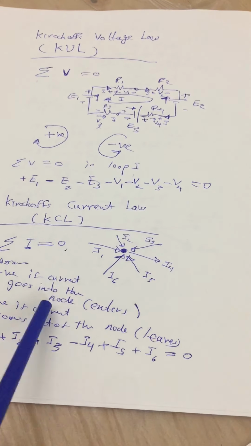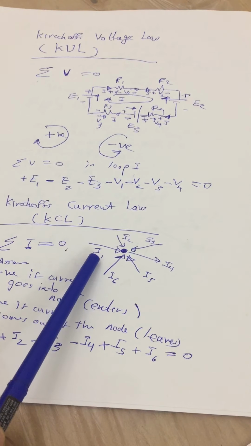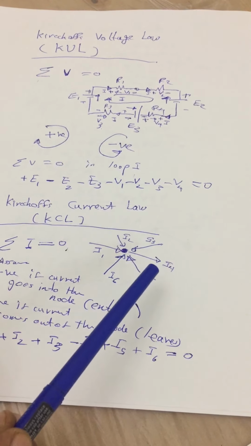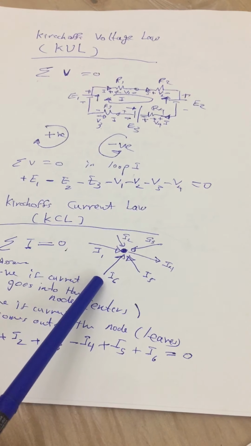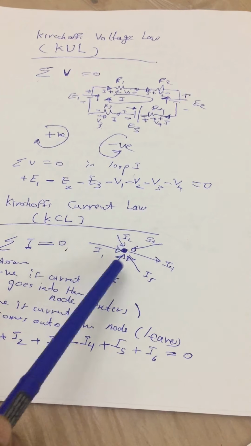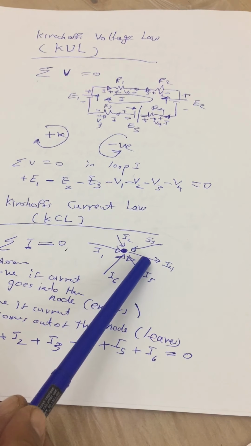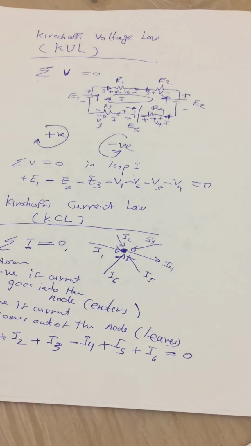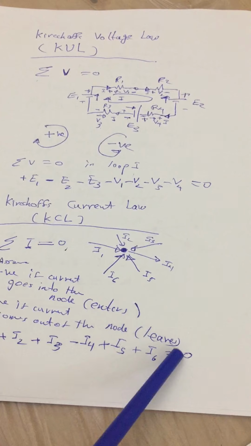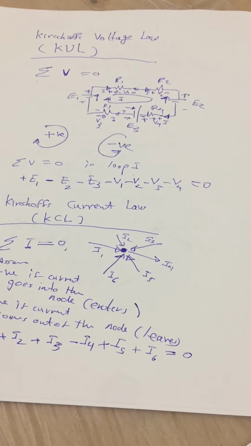In this example, I1, I2, I3, I6 and I5 enter the node, so we assign positive to them, while I4 leaves the node, so we assign a negative sign to it. So I1 plus I2 plus I3 minus I4 plus I5 plus I6 equals 0. So this is KCL, or Kirchhoff's current law.